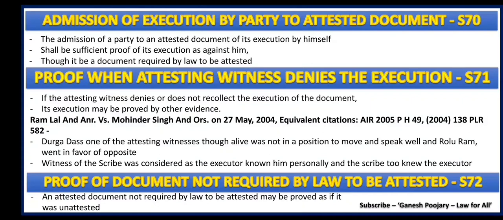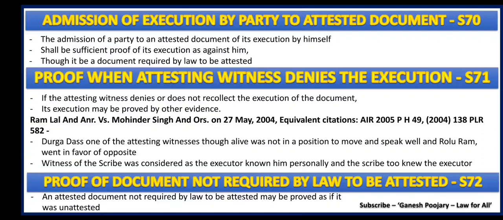There were two attesting witnesses, but when they were called to the court, either they deny or they are not able to recollect. Now one of the witnesses is called, he is denying that such execution of document has happened, or he says it is not possible for him to recollect any execution of such document. In that case, what to do? The only provision there is to prove by any other evidence. That is what is discussed under section 71.